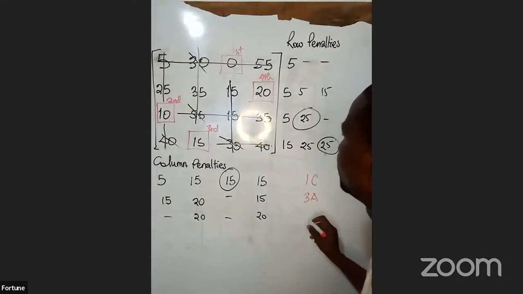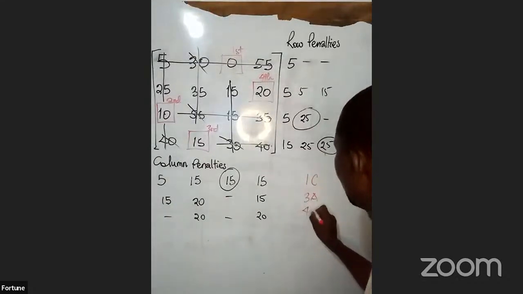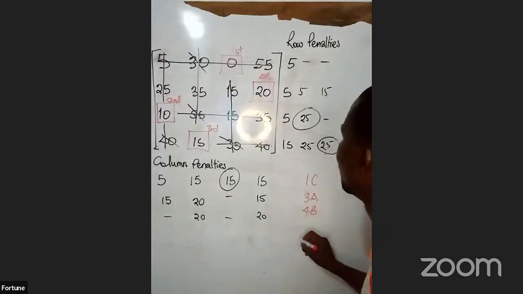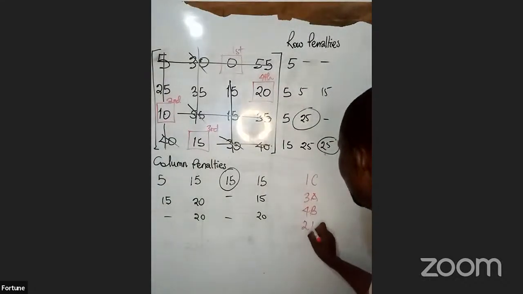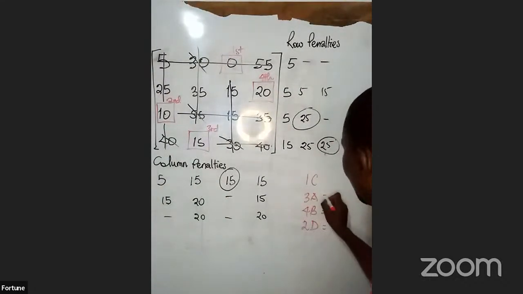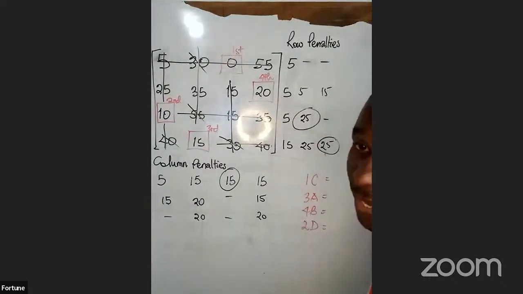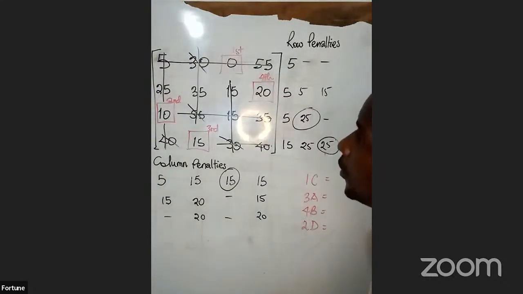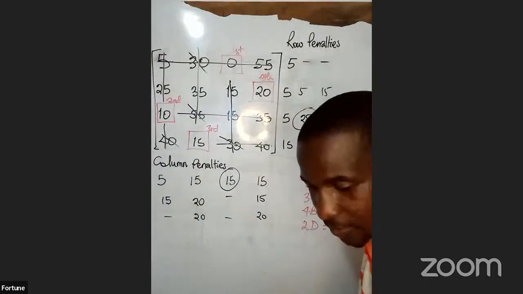This is 4B. And 2D. When you cross-check, you're going to see that your values are the same. You still have the same values.